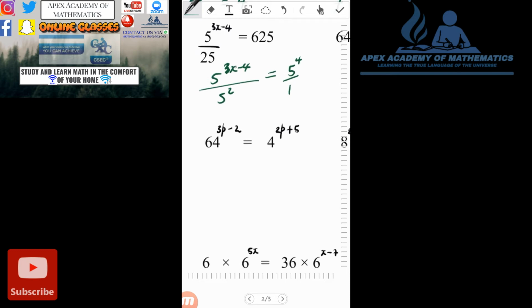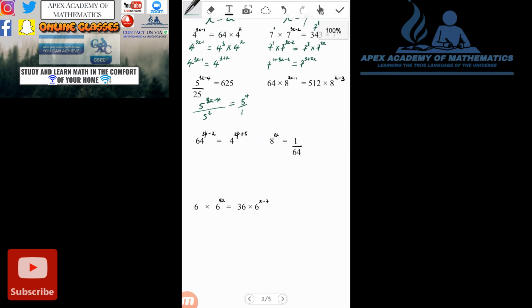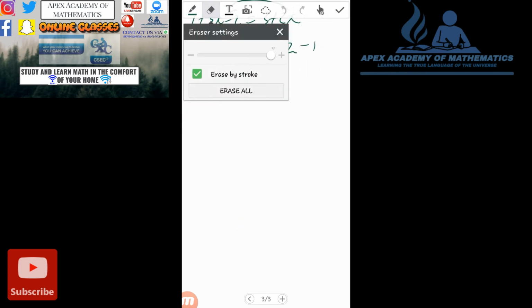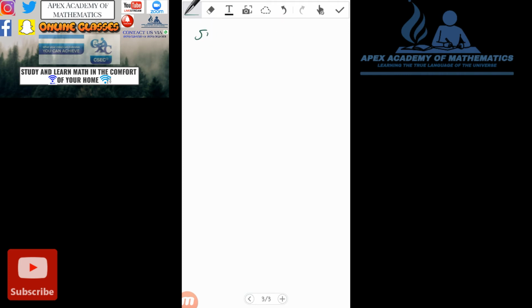So let us do that on the other page. Let's copy this section right here: 5 to the 3x minus 4. Let's clear this. So we have 5 to the 3x minus 4 divided by 5 squared, and that's equal to 5 to the power of 4.